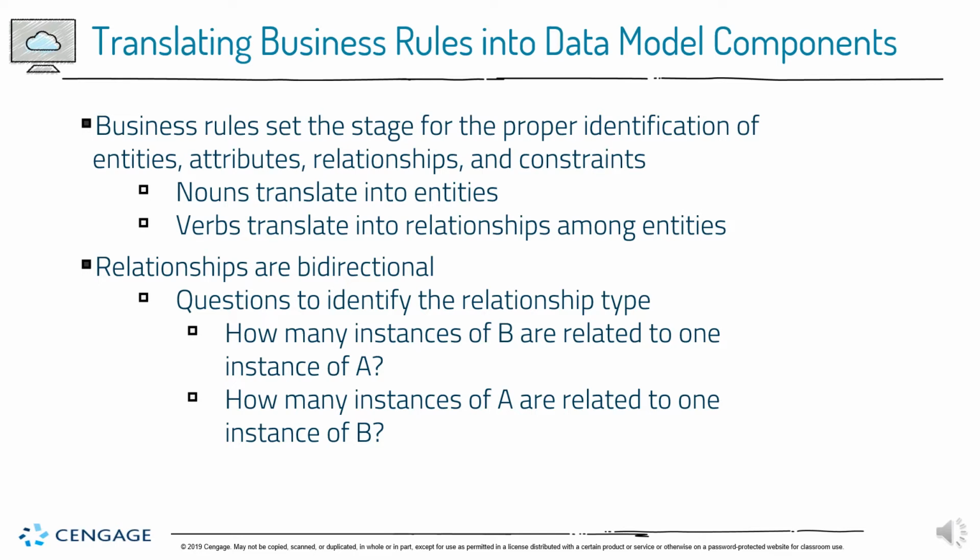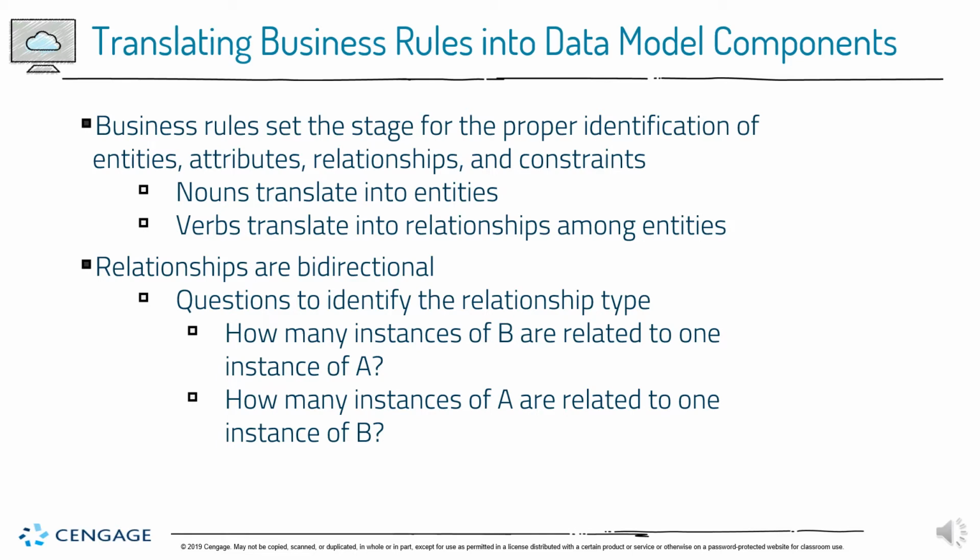In that case, the relationship is one-to-many, and customer is the one side and the invoice is the many side. To properly identify the relationship type, you should generally ask two questions. How many instances of B are related to one instance of A? How many instances of A are related to one instance of B?